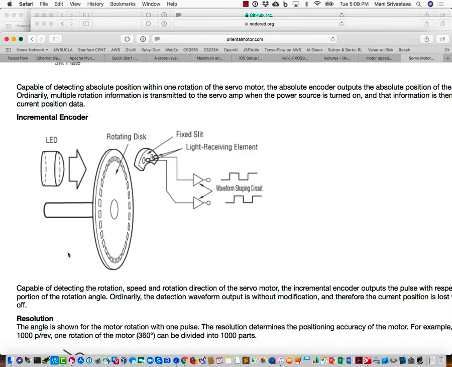So this is what happens here. On the same spindle as the motor, there's a disc. And on the disc, there are holes around the periphery. And there's an LED and a receiver which is positioned just right.